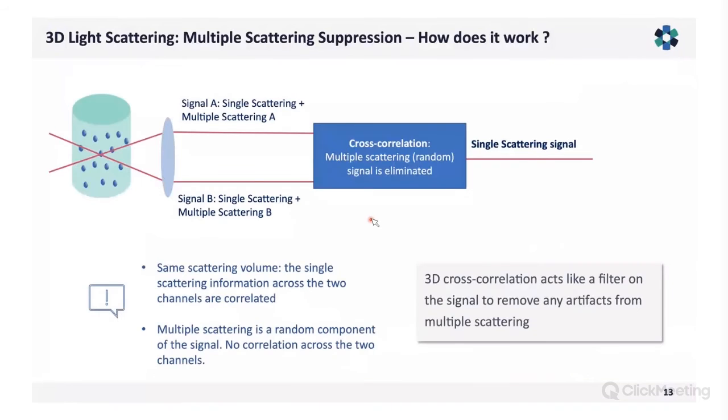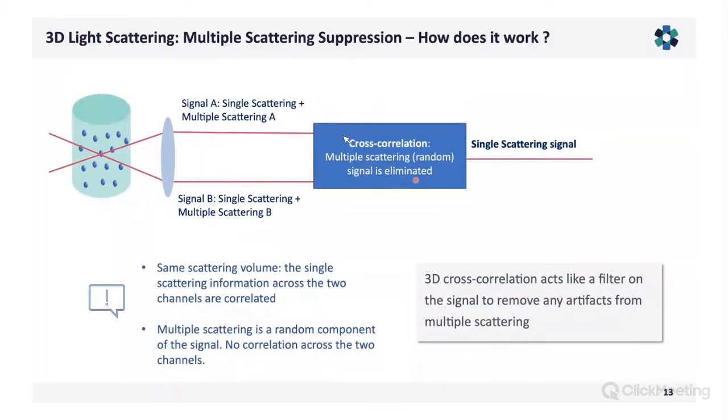More schematically, you see again what happens. We have the sample, and we have the crossing beams that are inclined at a small but significant angle. On each detector you have some of the light that has been scattered only once, and some of the light that has been multiply scattered two or three more times. The same thing you have on the other detector.